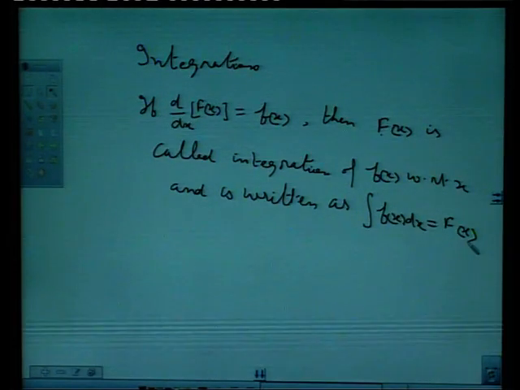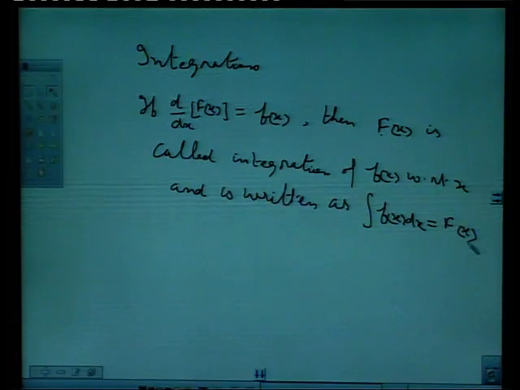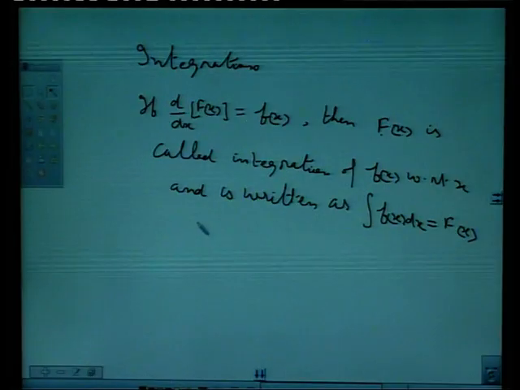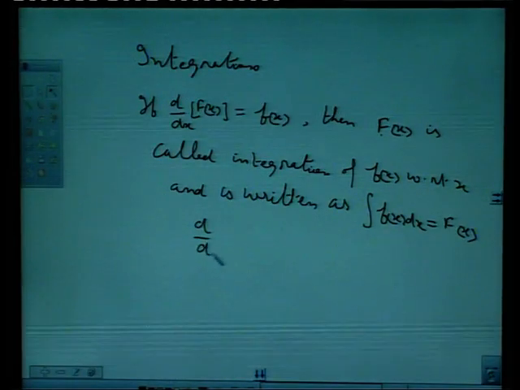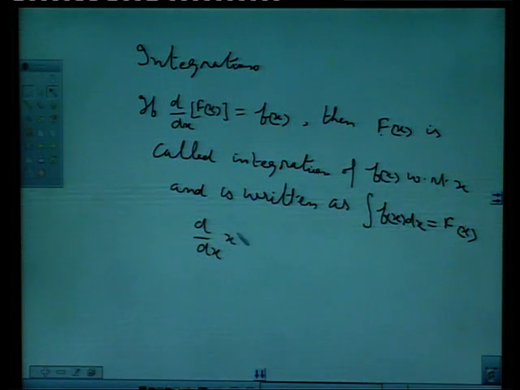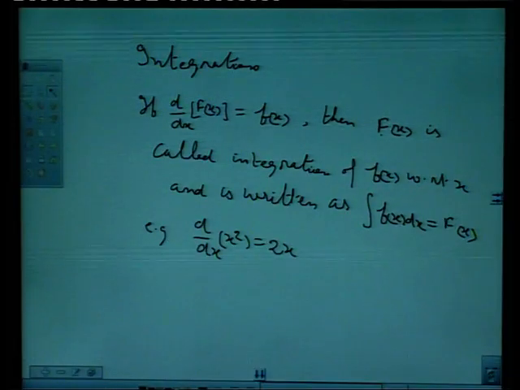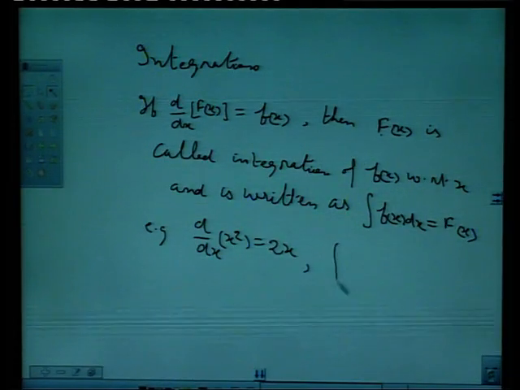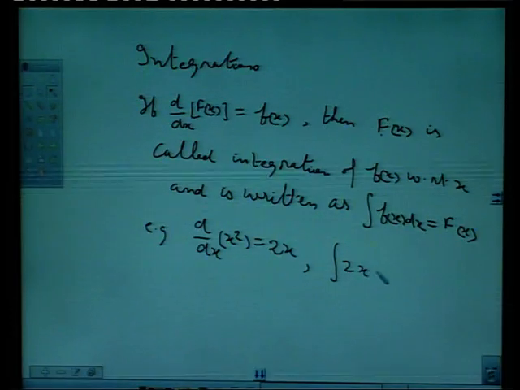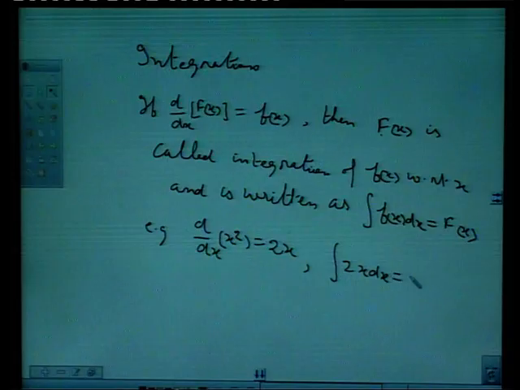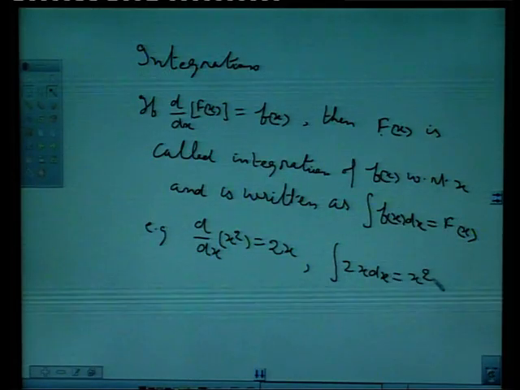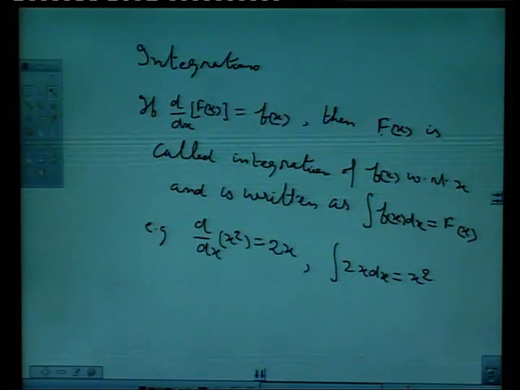For example, if the derivative of x square is 2x, then the integration of 2x with respect to x will be x square, because the derivative of x square is 2x.